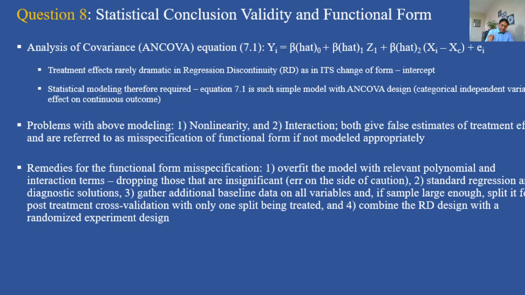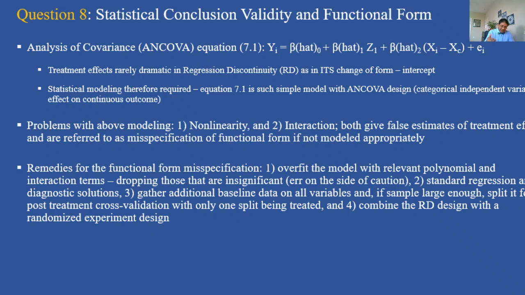So xi minus xc is like centering the assignment variable if the cutoff is the mean. This helps assess the treatment effect at the cutoff score, where both groups are supposed to be the most similar.